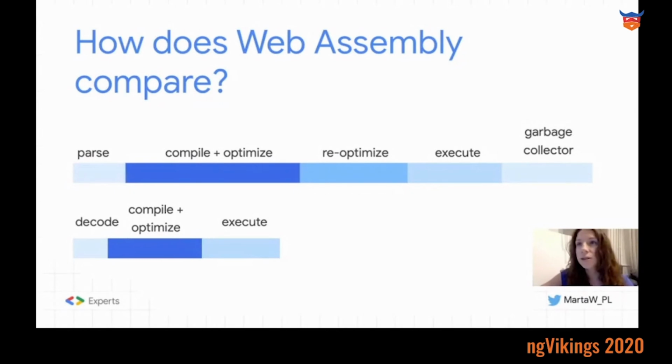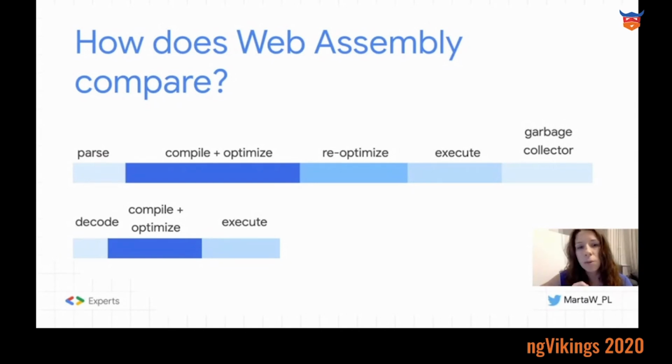WebAssembly is faster than JavaScript in many cases. The first fact is that it's more compact than JavaScript, so fetching takes less time. If we take a look at parsing, we don't have it in WebAssembly, but we have decoding, which takes less time than parsing.